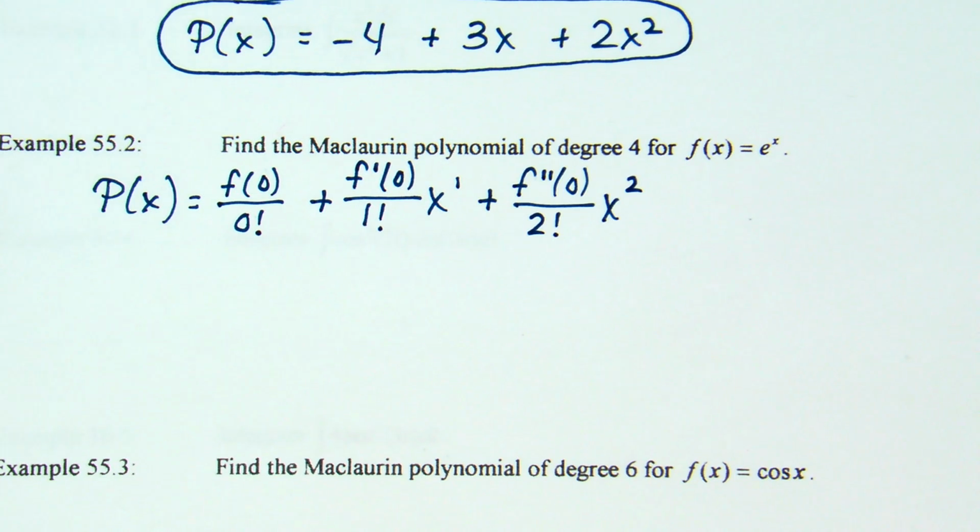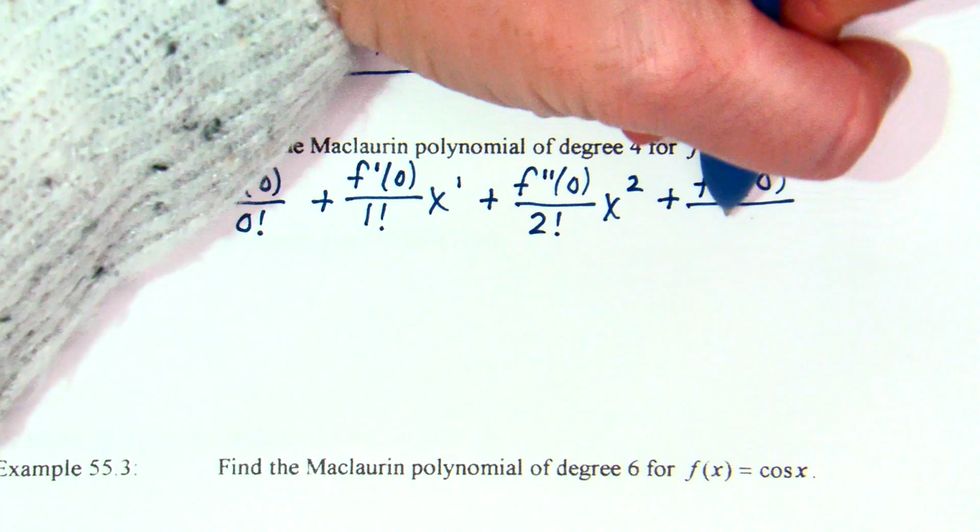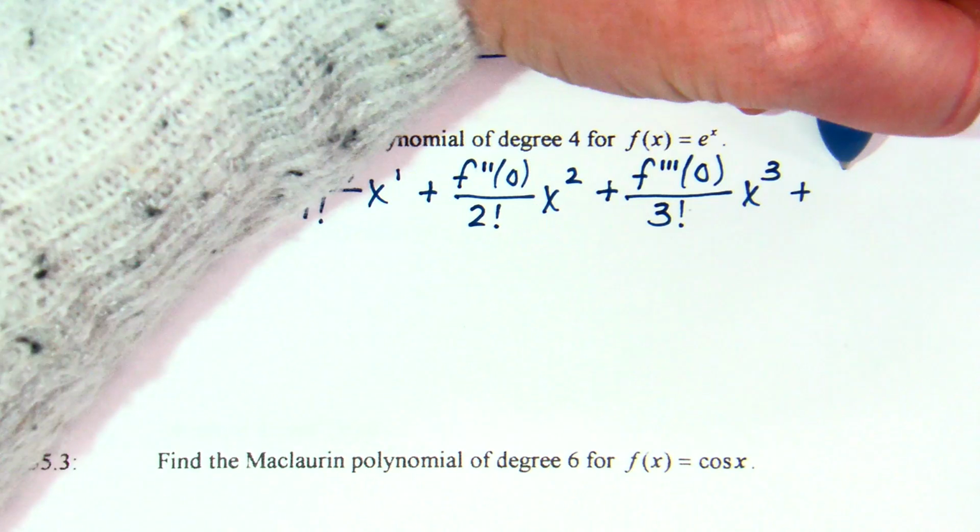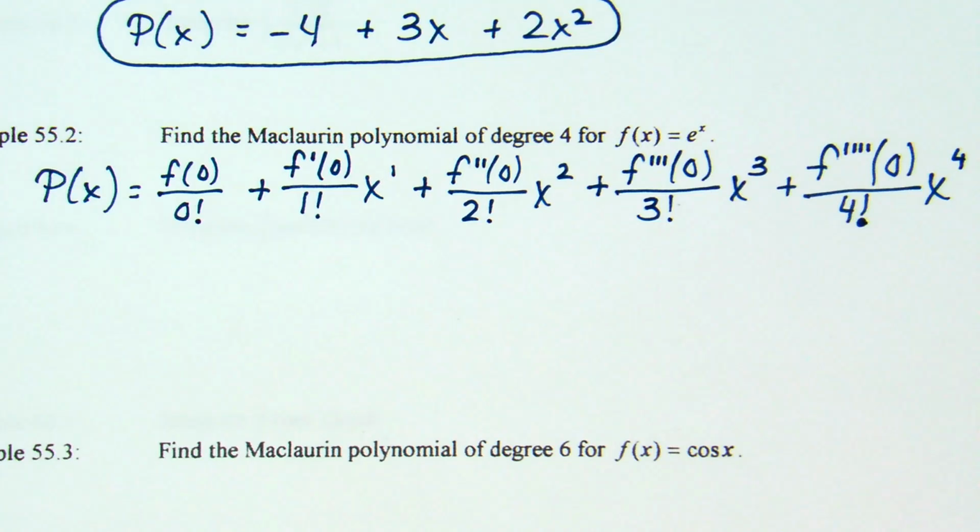F triple prime of 0 over 3 factorial, x to the third, and one more, the fourth derivative, I don't know, is that quadruple prime, over 4 factorial, x to the fourth. Okay, there's your whole polynomial written out. As you get used to this, you may not necessarily write it all out like that. However, there are advantages to it.